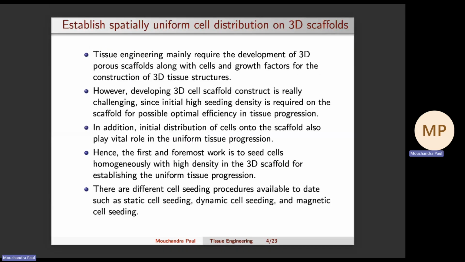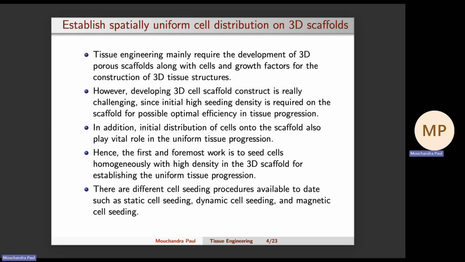So, when we talk about spatially uniform cell distribution, in tissue engineering we require that the porous 3D scaffold should develop along with cells and the growth factors, and ultimately it will create a 3D tissue structure, right?